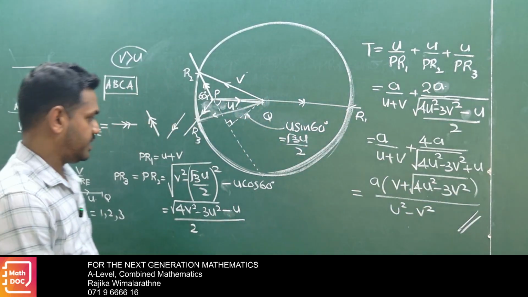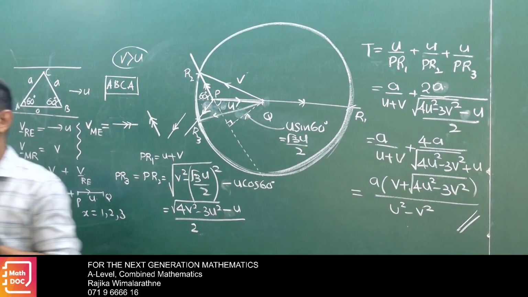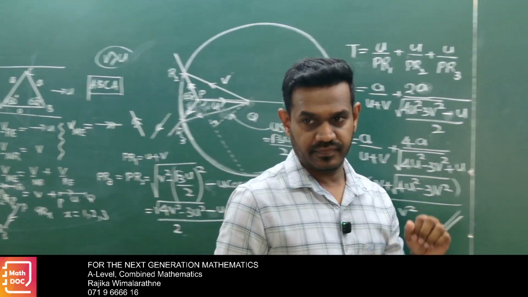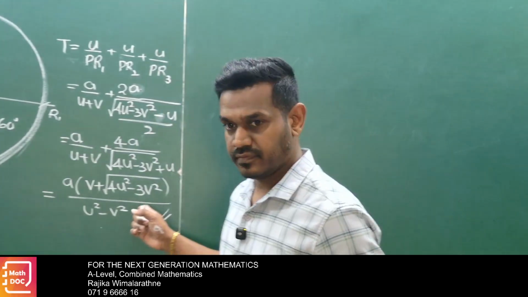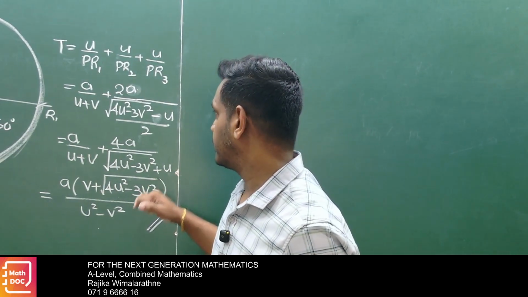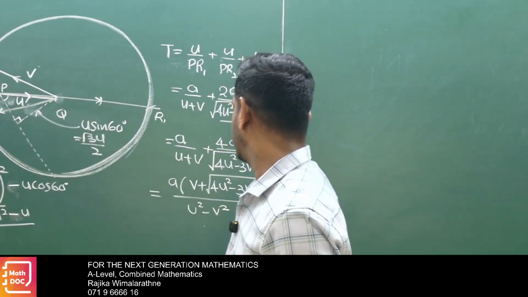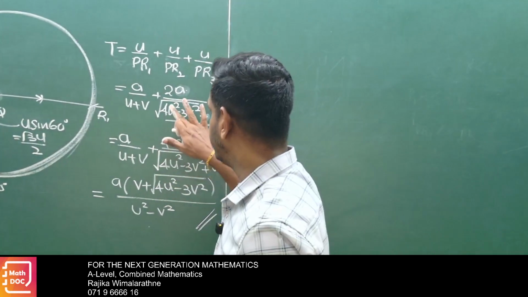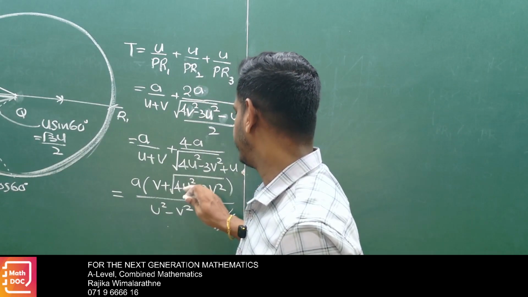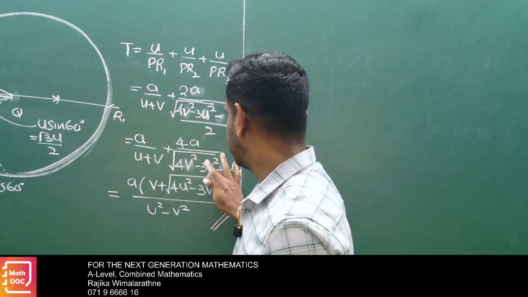Here minus. 4v squared, 3u squared, 4v, 3u.